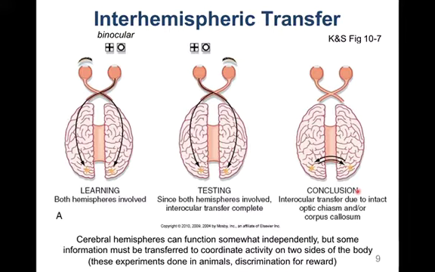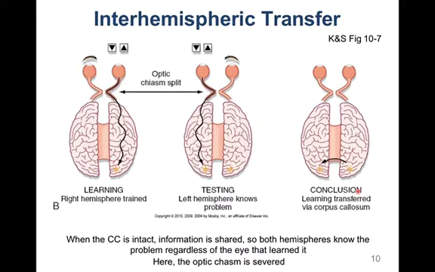Now we're going to look at what happens when you sever either the optic chiasm or the corpus callosum. So first, we will sever or split the optic chiasm. Same idea, training in this case on the right eye, discriminating between two different symbols. And if we've severed the optic chiasm, then this information is only going to get to the ipsilateral hemisphere, in this case, the right hemisphere. And so with testing now, the trained eye is closed and the left eye is being asked to solve the problem.